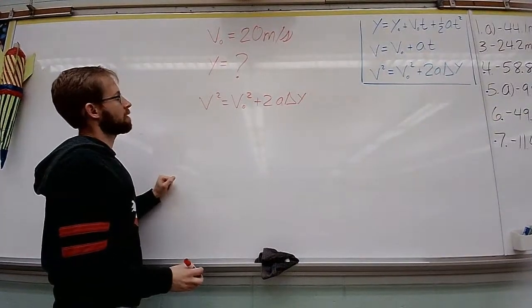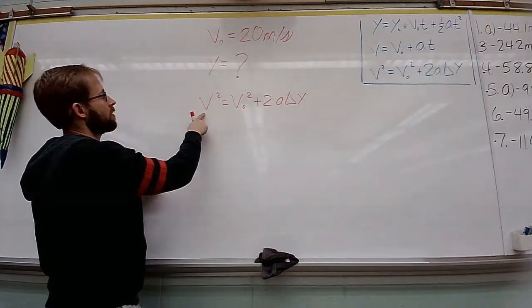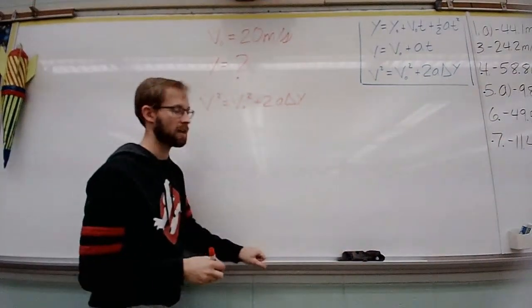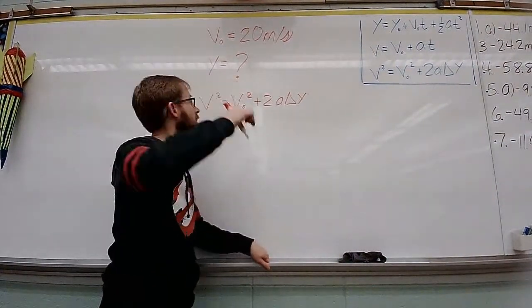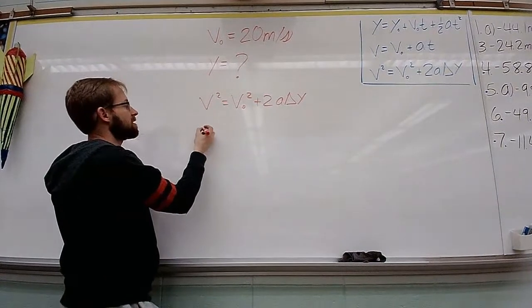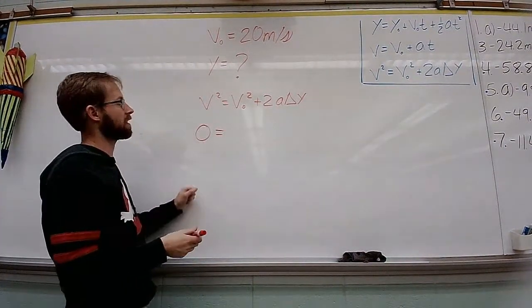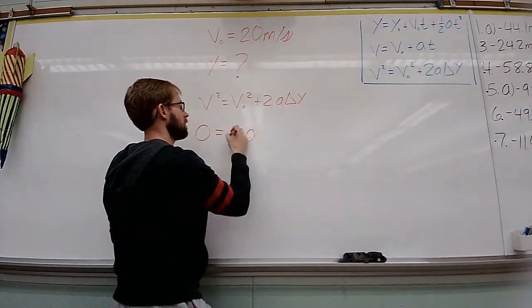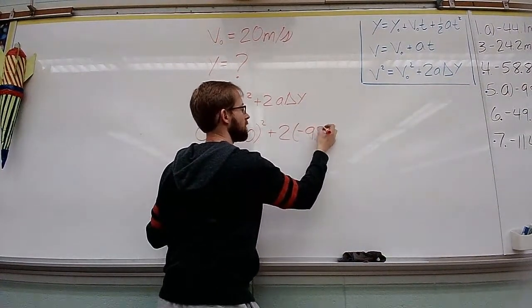So if I'm looking for that change in height, what's that final velocity going to be when it reaches its maximum height? 0, yeah. So when you reach your maximum height, this velocity is nothing. Kind of like the question we had at the beginning of class. Original velocity is 20, plus 2, acceleration is still negative 9.8.